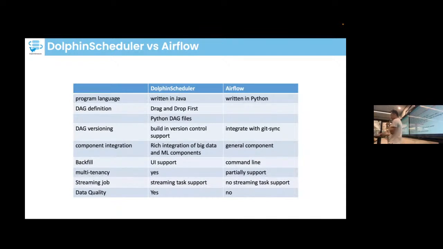In the coming future, DolphinScheduler will release the 3.2.0 version. There are a lot of features and enhancements, so here I would like to highlight some of them. The first one is that it supports more data sources.